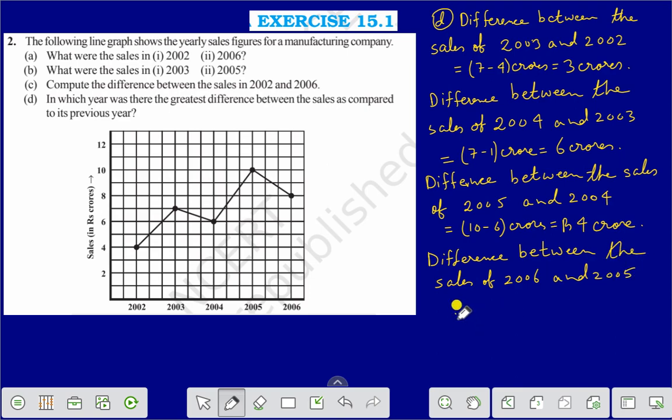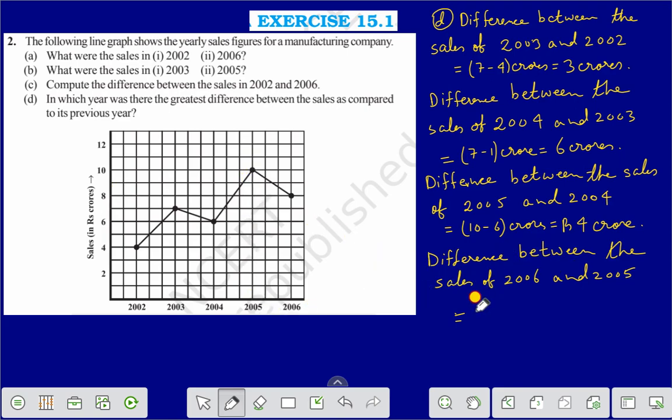The sale in 2006 was 8 crore, and in 2005 it is 10 crore.